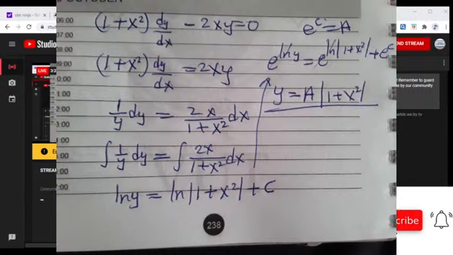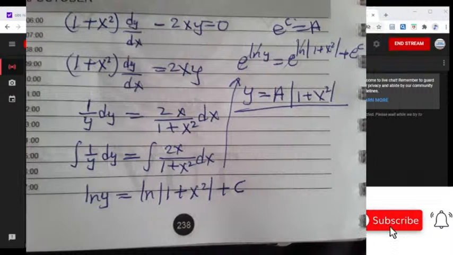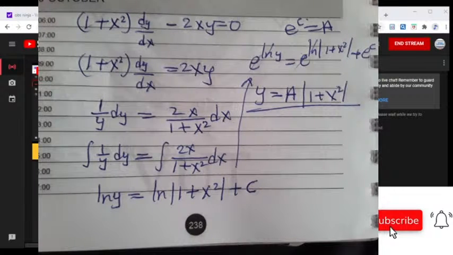And you have to make y the subject of the formula, and by that you have to introduce e. At the top here, I wrote e exponent ln y equals e exponent ln open bracket 1 plus x squared close bracket plus e exponent c. So e is going to cancel ln, then we are going to have y.